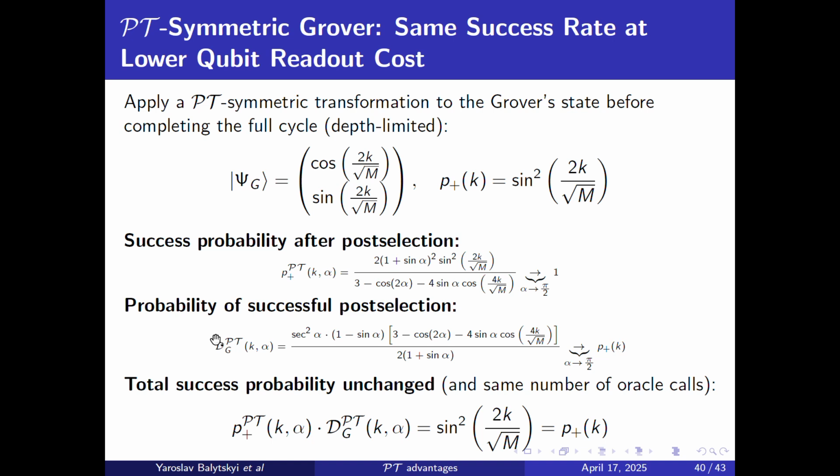You are paying the price for this, that the probability of successful post-selection goes to this, right? And as a result, the total success probability remains unchanged, and thus you need to apply the same number of Oracle calls as in the original punctuated version of Grover search.